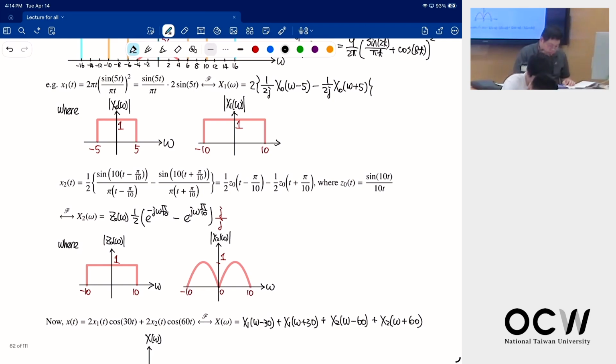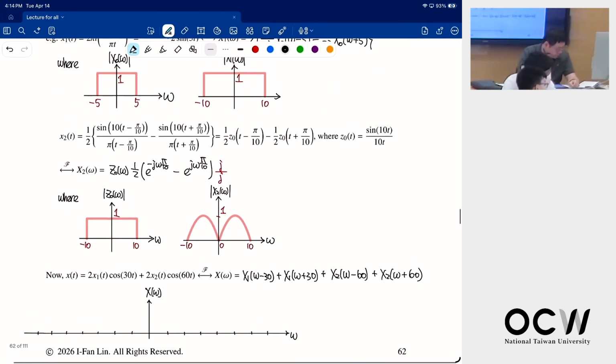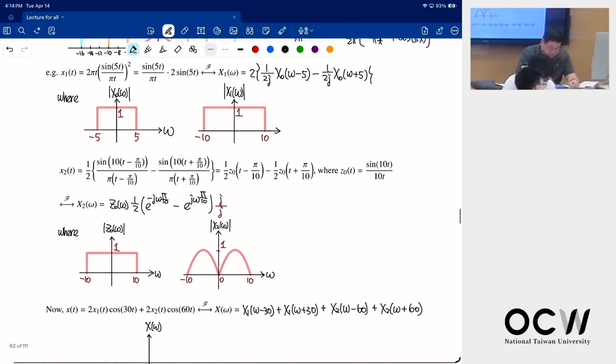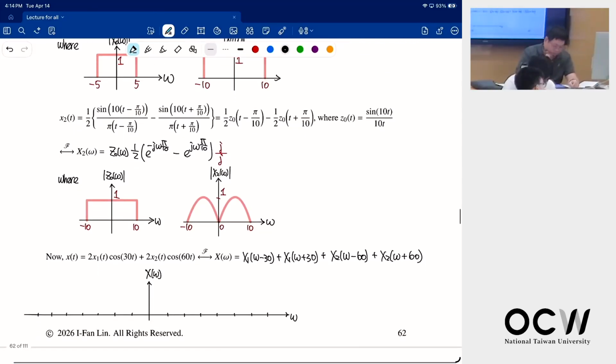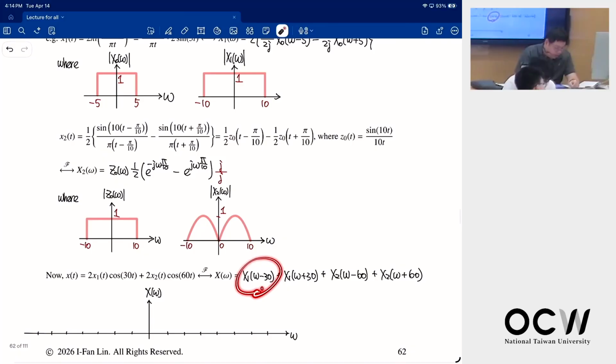Okay, so how do I plot this x? Well, I think I should get two different colors. Well, anyway, shift by 30. This one.